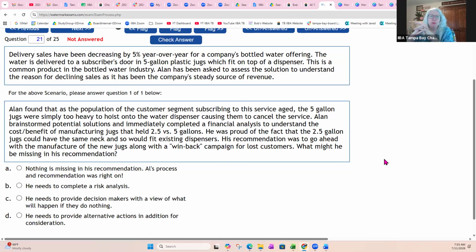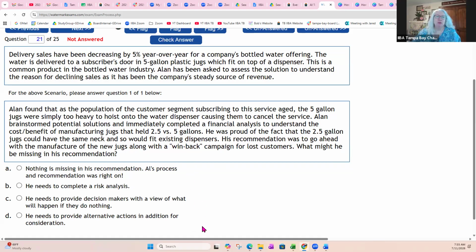Nothing is missing in his recommendation. Allen's process and recommendation is right on. He needed to complete a risk analysis. He needs to provide decision makers with a view of what will be happening if they do nothing. He needs to provide alternative actions in addition to consideration. So he's given them one idea of this is what you should do to move forward.